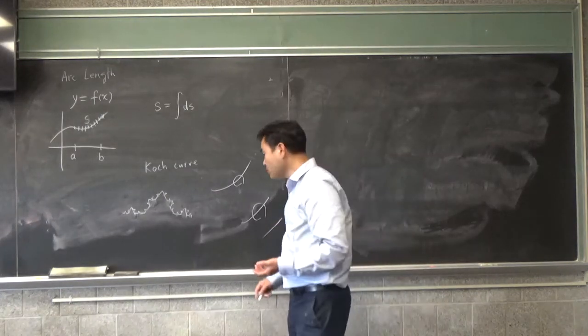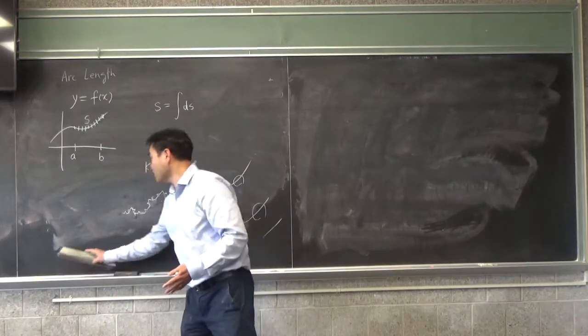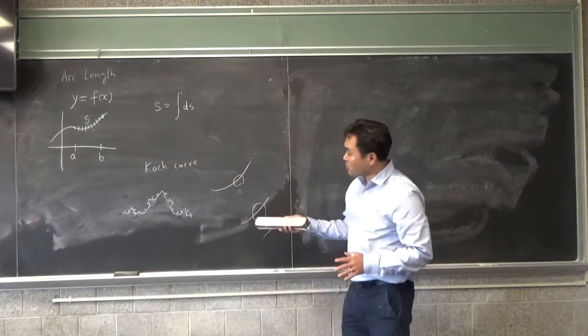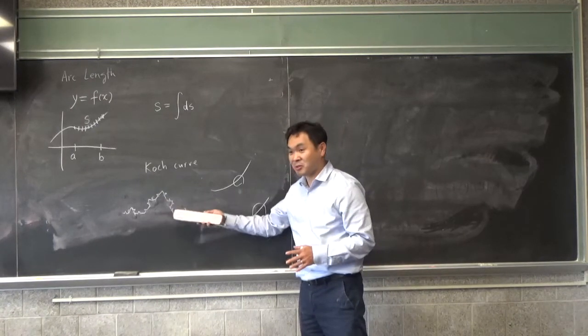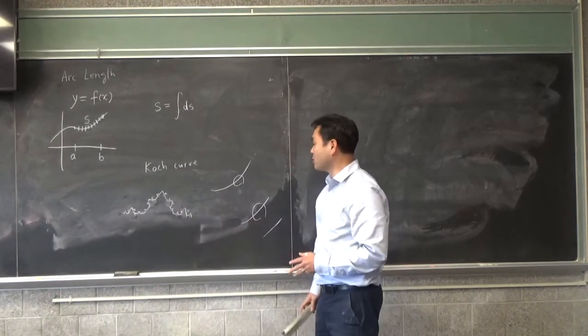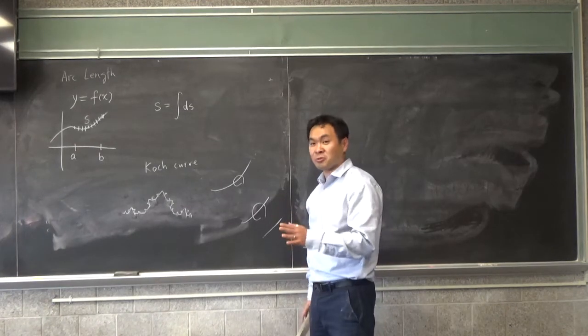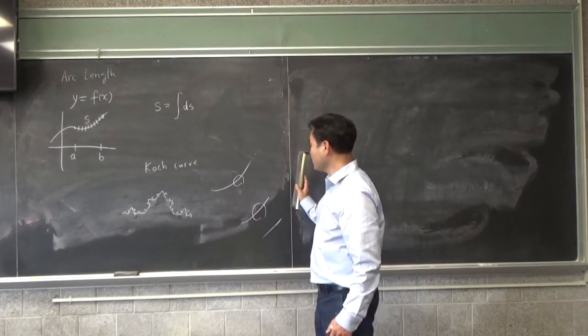That's the beauty of it. So what we're describing here is not going to be applicable for curves that are rapidly changing like this one. It has to be differentiable, like this one.